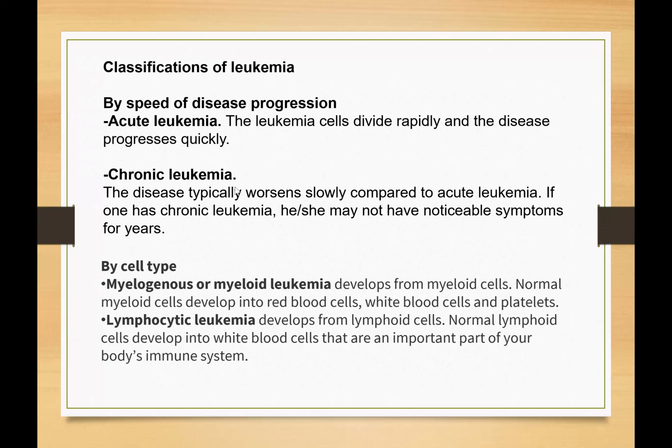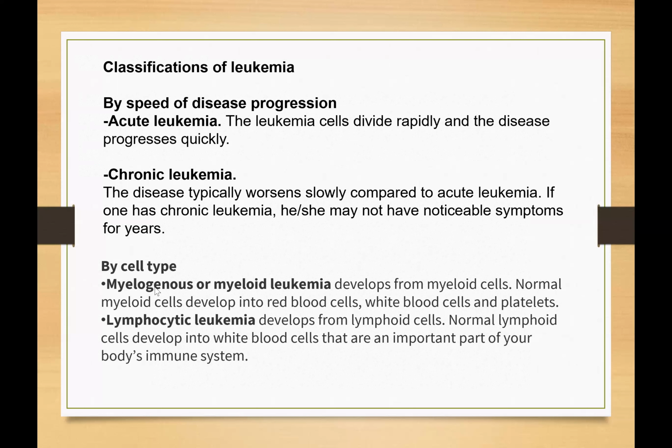And in chronic leukemia, it grows very slowly. A patient can have these symptoms unnoticed for years. So this is one way of grouping different leukemia into either acute or chronic.